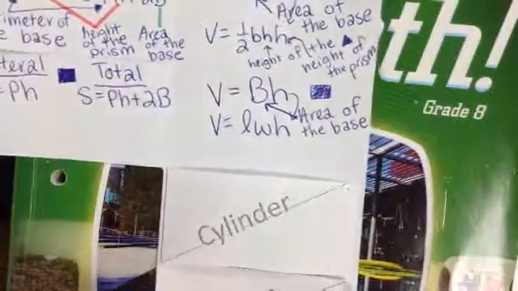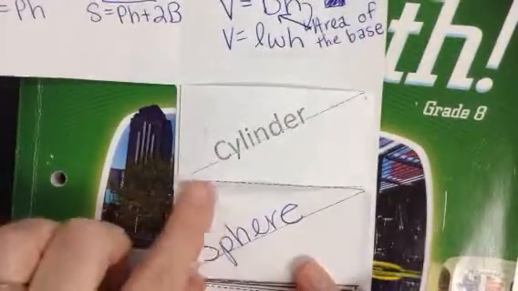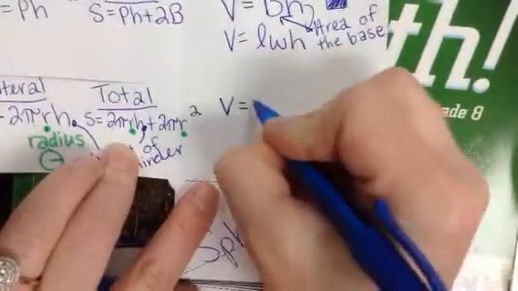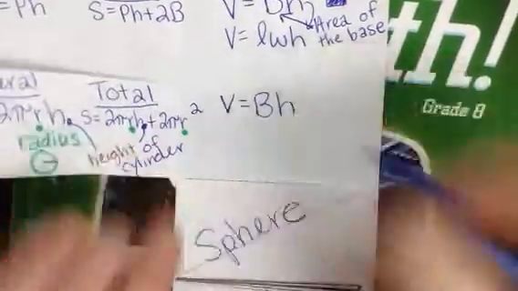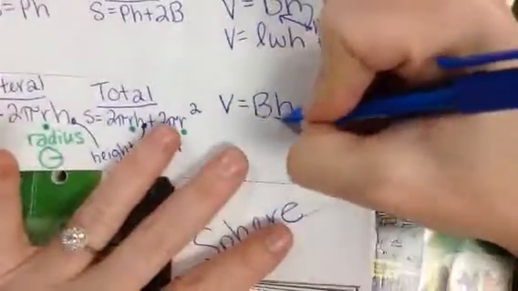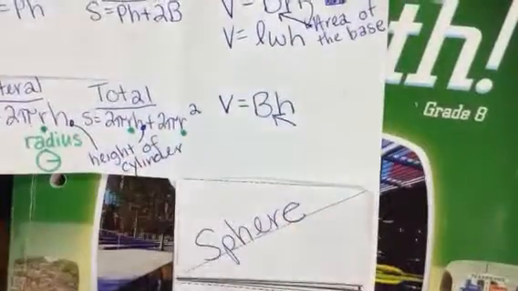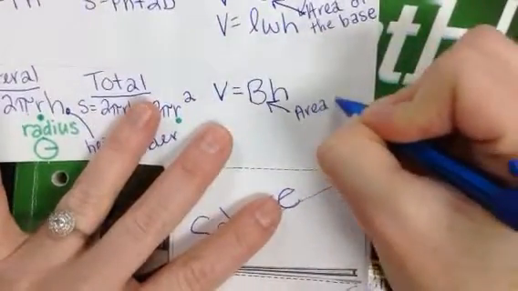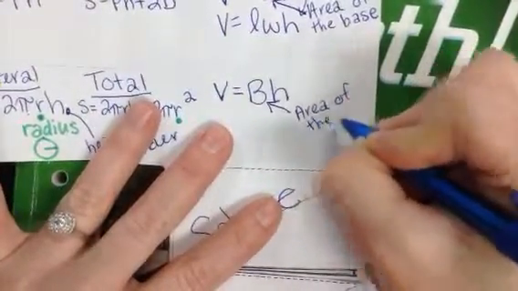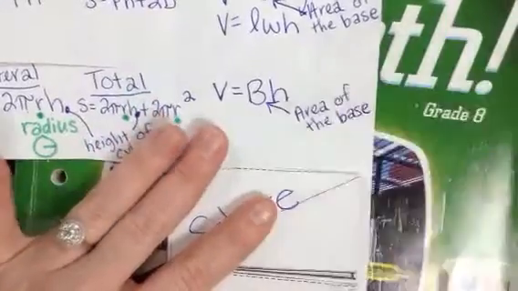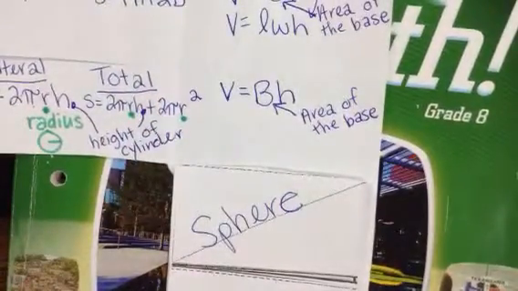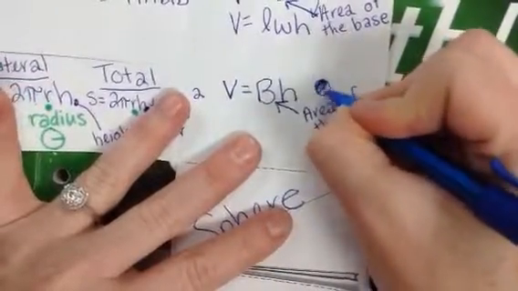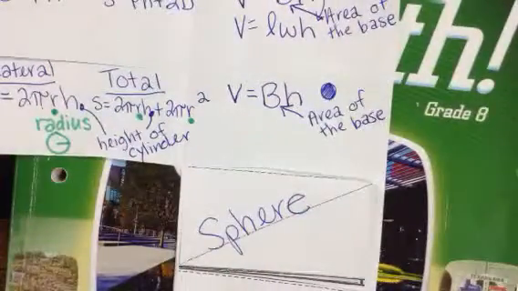Okay, so on the next one, to get the volume of a cylinder, is still going to start out the same way as the other ones. V equals big B little h. So label again, because it's really important that you know that this big B stands for area of the base. So if you're thinking about a cylinder, the base of it is a circle. So I would have to revise this.